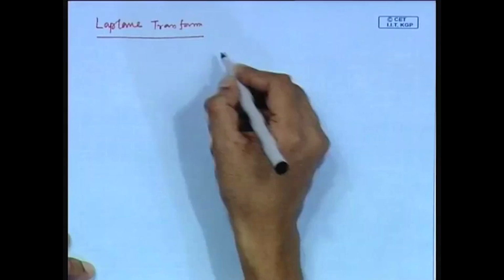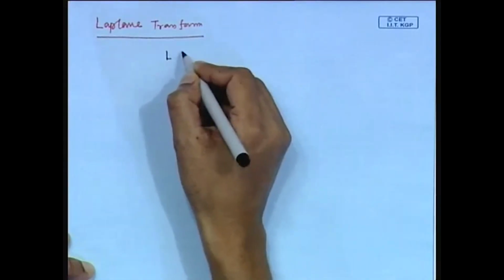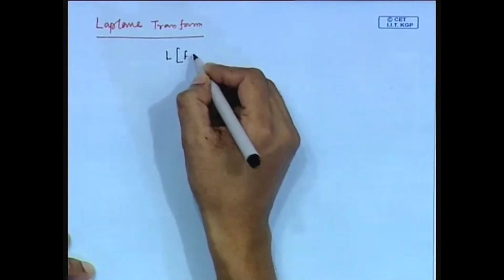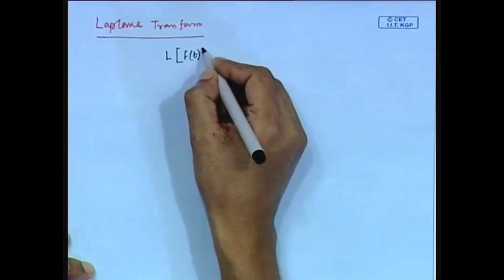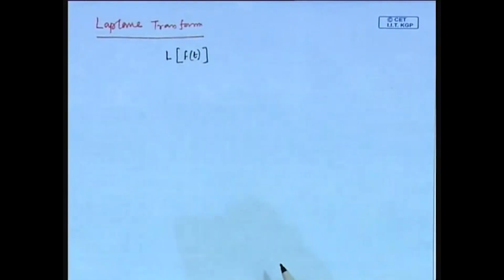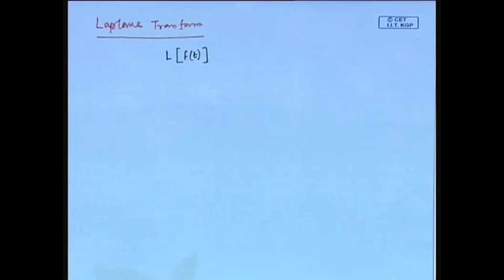Basic equation of the Laplace transform of a function f(t). The Laplace transform of a function f(t) we represent by this. f is a function and t is the time independent variable.